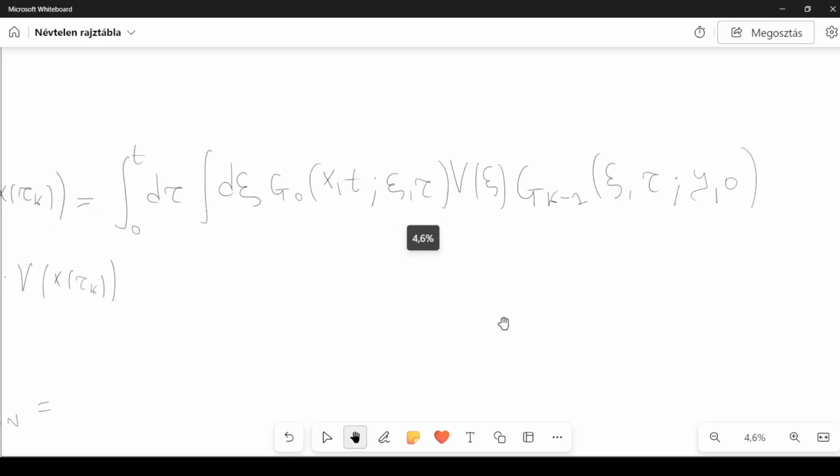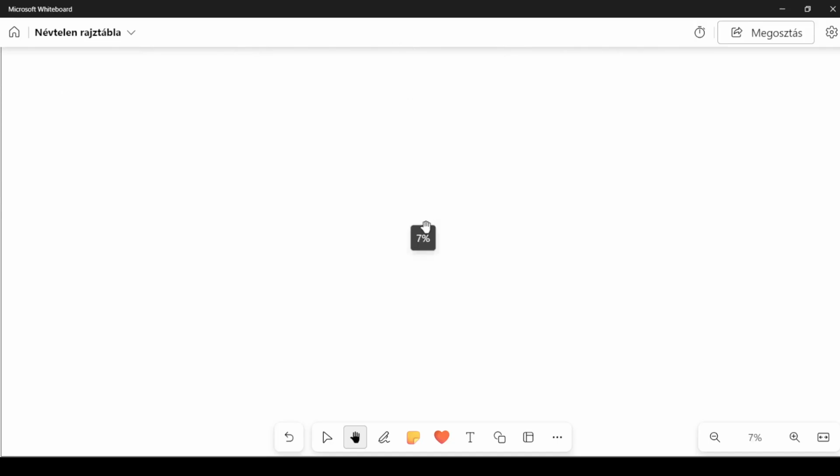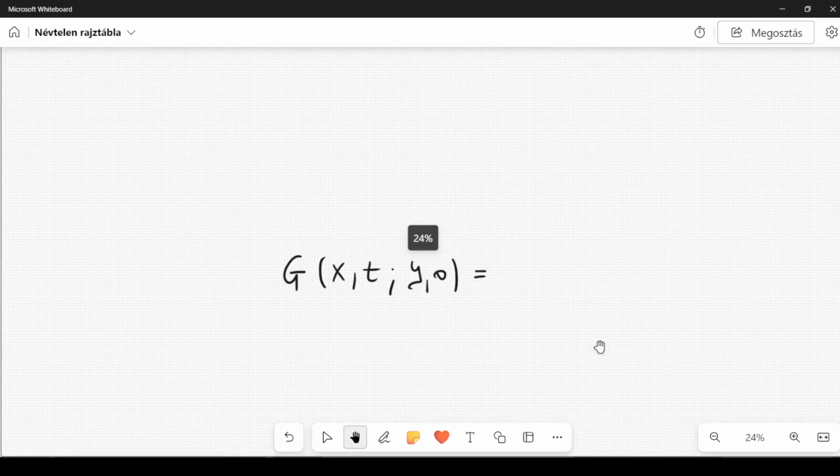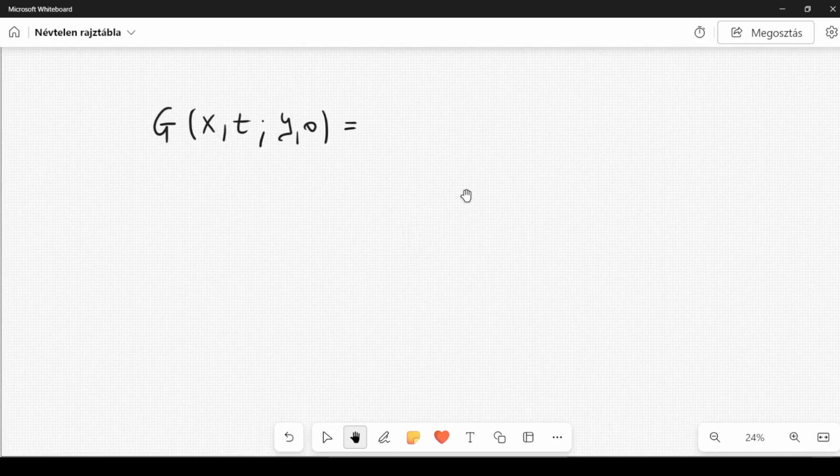interactions. By keeping track of the definitions that we gave of the terms G sub k minus 1, G sub k, and so on and so forth, it is quite straightforward to write down the following equation: G of x, t, y, 0, which, remember, is the total propagator, the first thing that we wrote in this video, and in particular we wrote it as a sum.